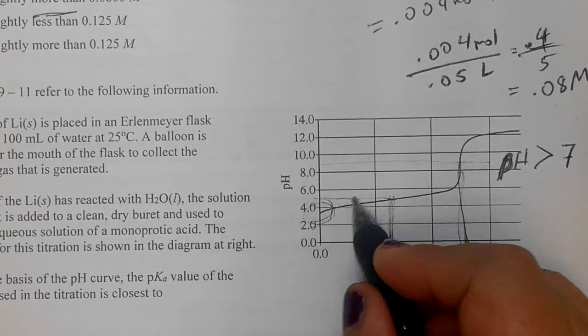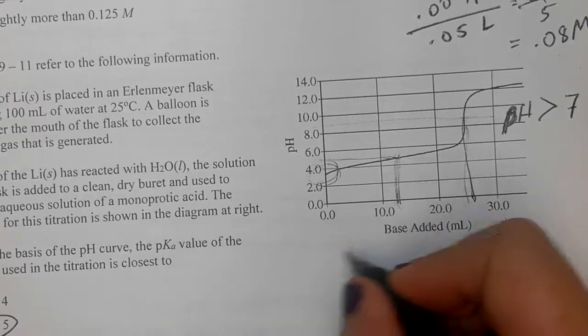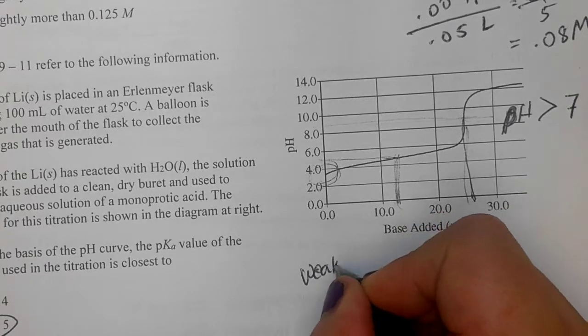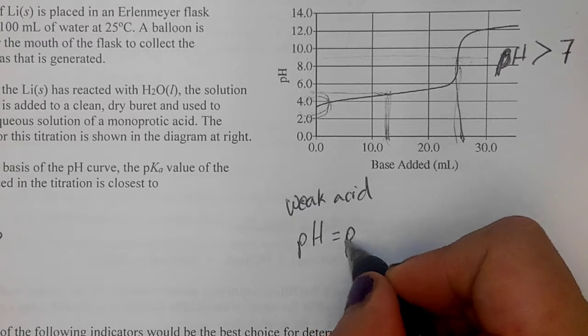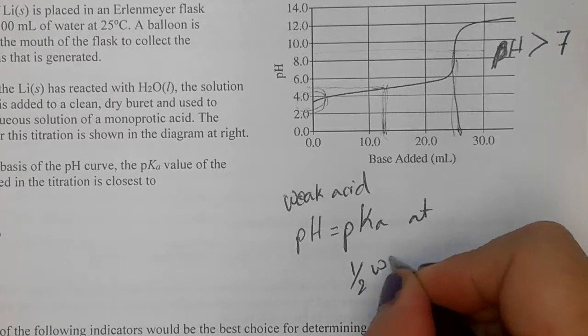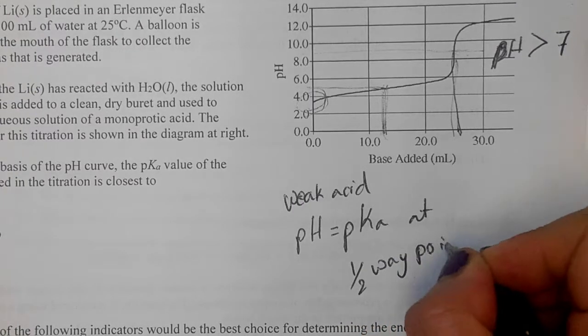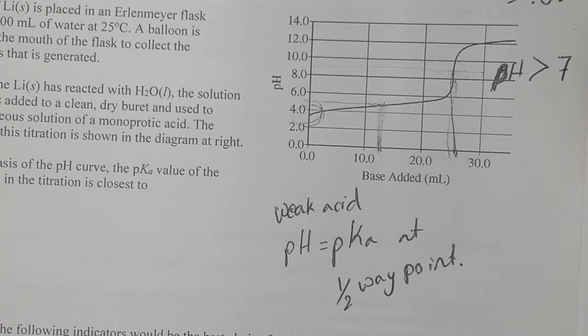So it should give you 5-ish, I would say. So remember, for a weak acid, pH is equal to pKa at when? Halfway point. We all got it. Okay.